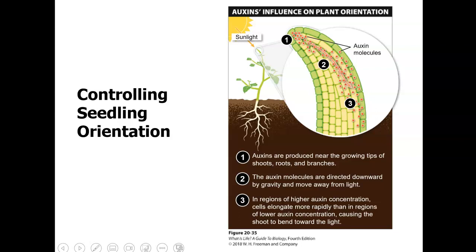They're produced near the tips of the shoots and the branches, then directed downward by gravity, away from the light. In the region of higher auxin concentration, cells become more elongated, and that way the plant is able to bend towards the light. It goes to the section away from the light, and that helps those cells bend so they can reach towards that light.